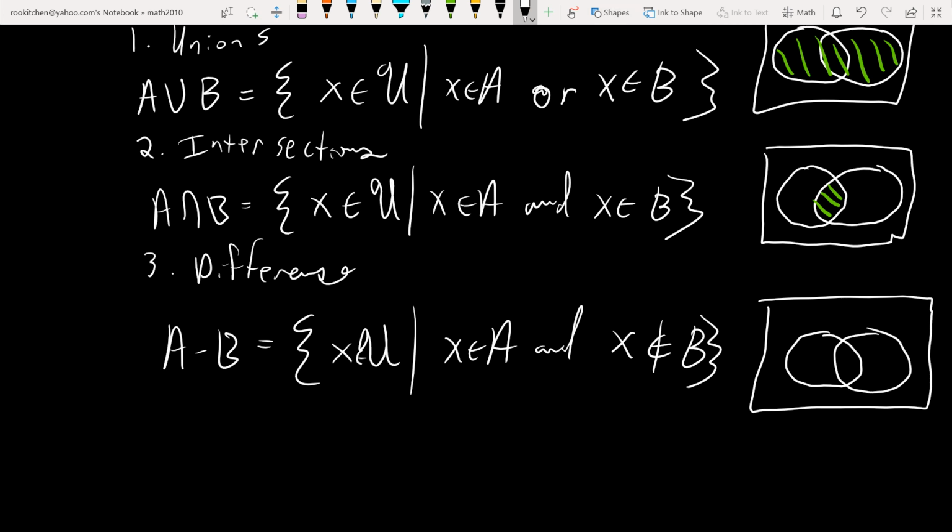I'm assuming the first one is A, the second one is B. Everything inside the box is the universe. So A minus B is this part.